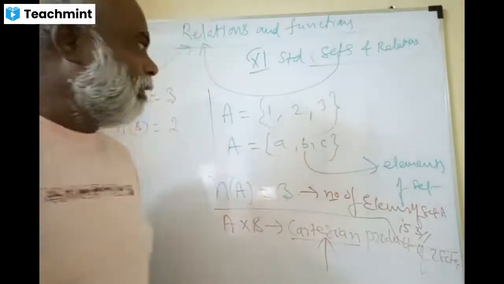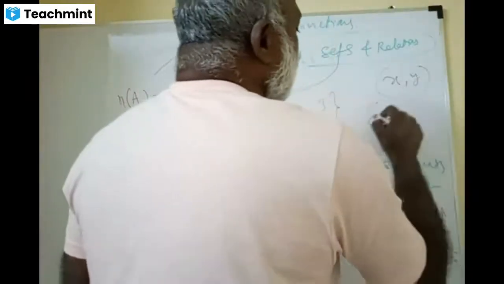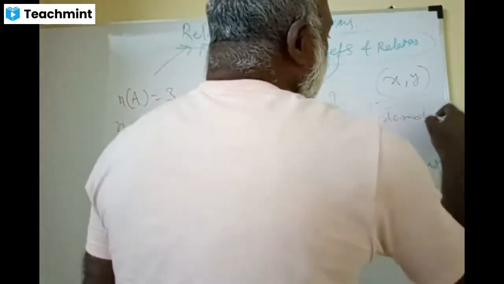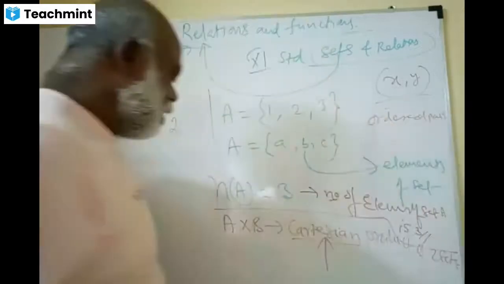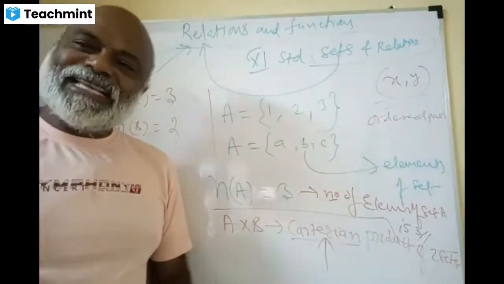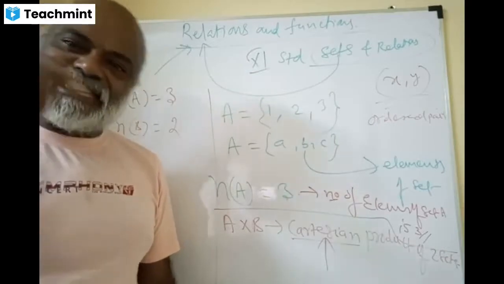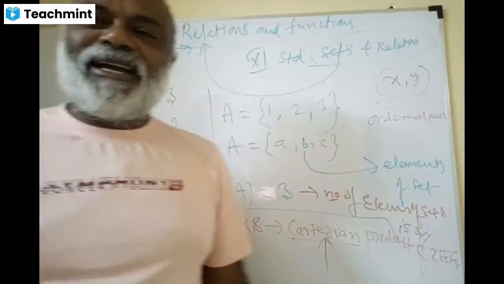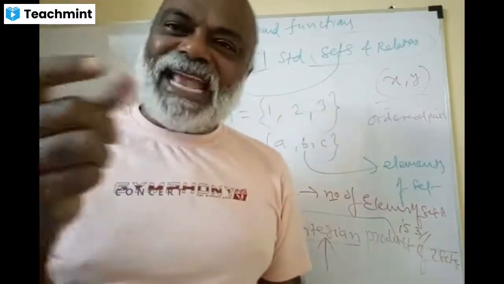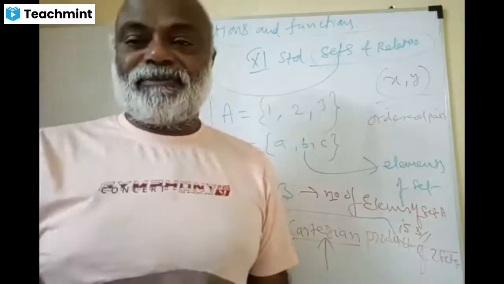A point is written as (x, y). It's an ordered pair. Here also, the Cartesian product of 2 sets is a set, but the set has elements in the form of ordered pairs.